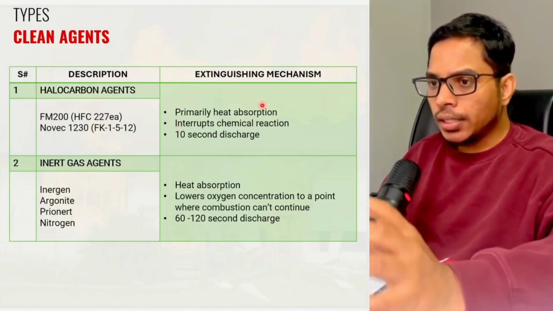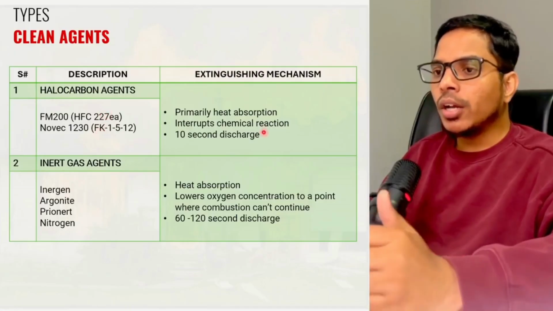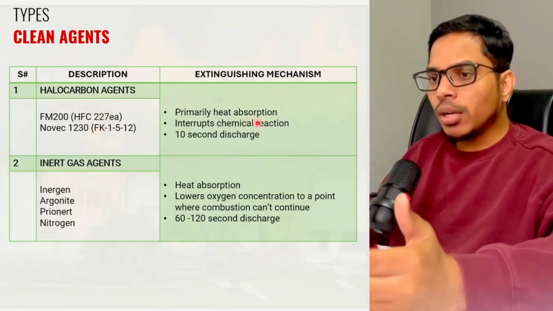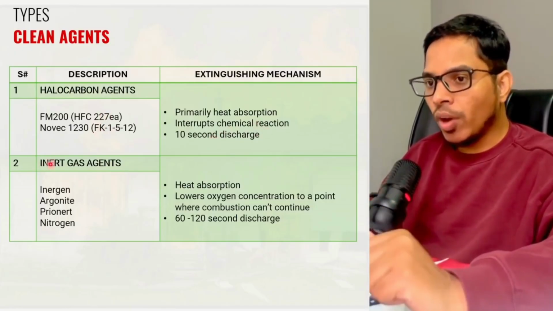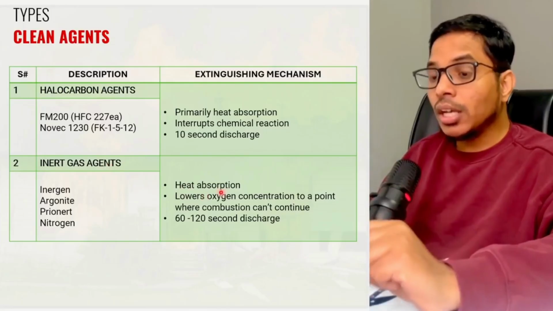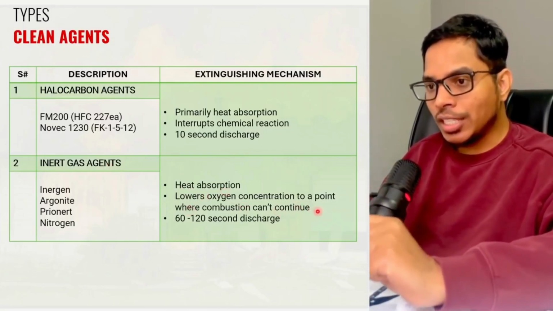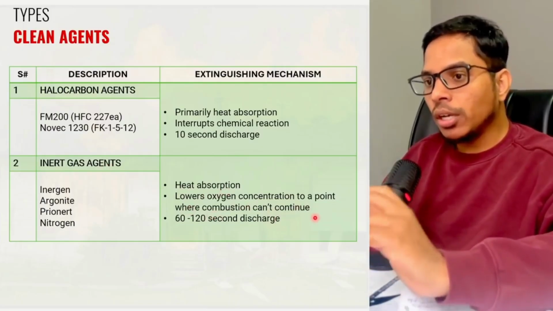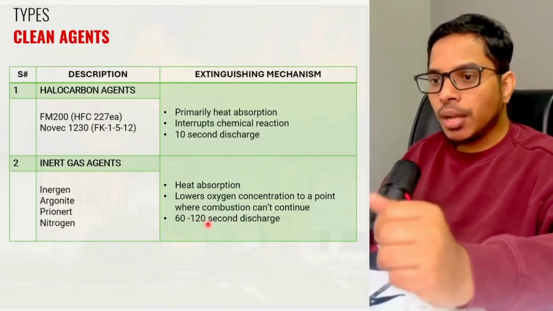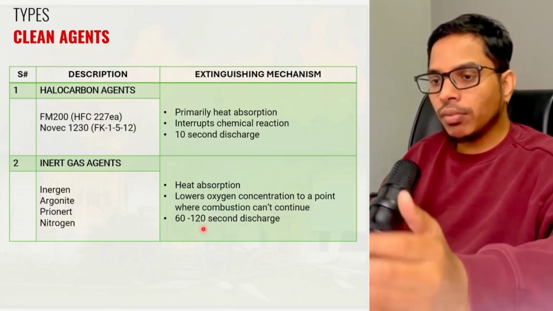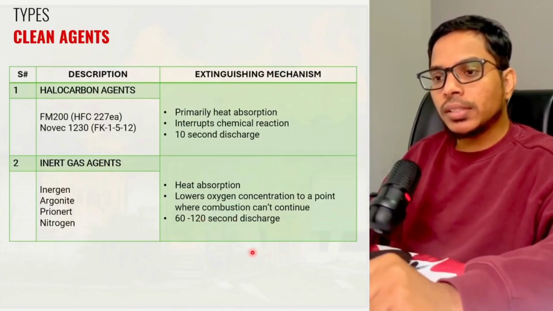If you look at the extinguishing mechanism, basically FM200 and Novec primarily absorb heat and interrupt the chemical reaction, while inert gas agents absorb heat but they lower the oxygen concentration as well to a particular point where combustion can't continue.